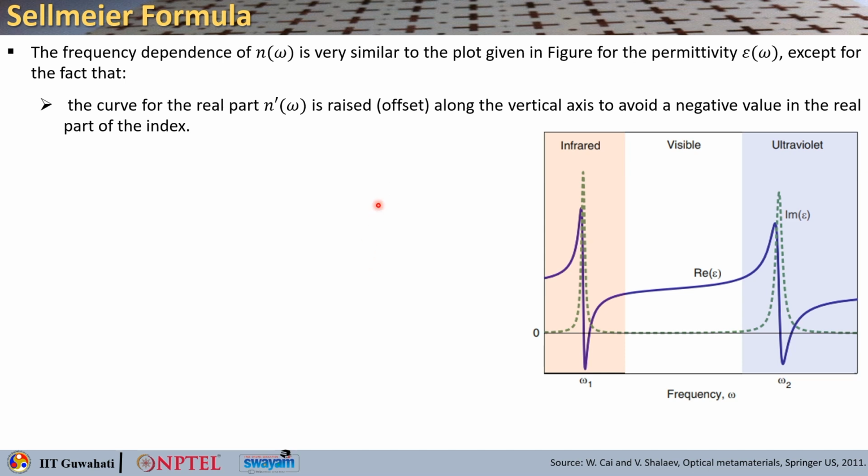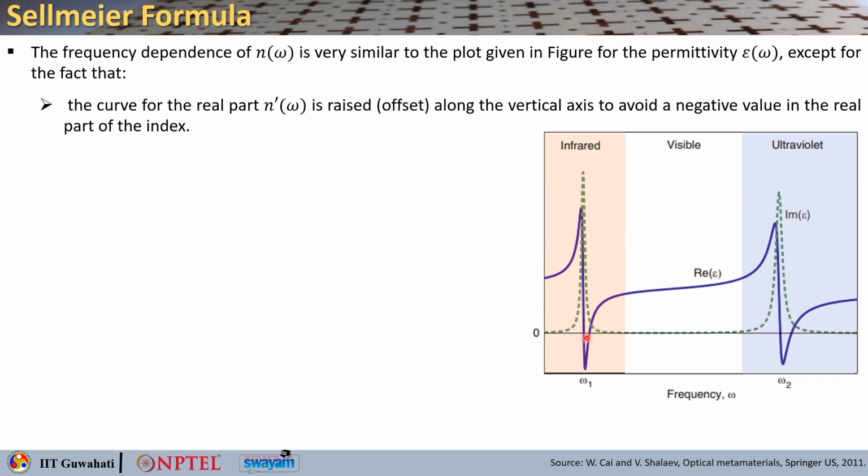So, we have seen that the frequency dependence of refractive index, that is n omega, is basically having a very similar kind of plot that is given earlier for the permittivity. So, this is the plot for permittivity, except that there will be some changes, that the curve of the real part of the refractive index will be raised.